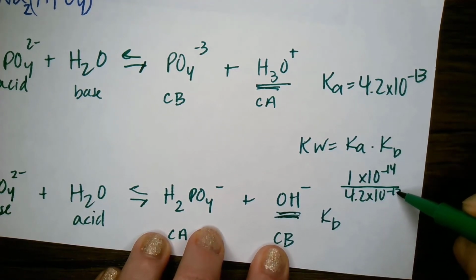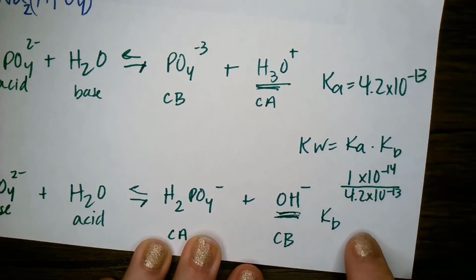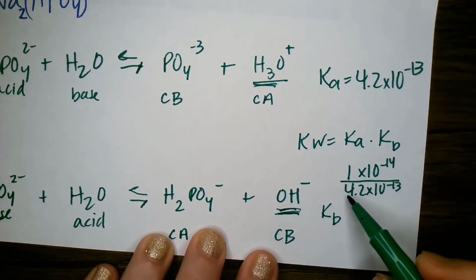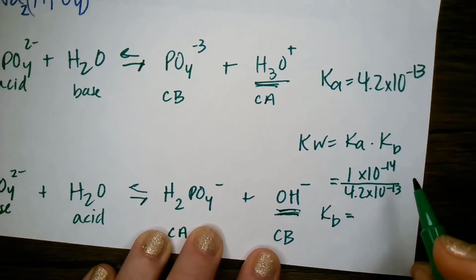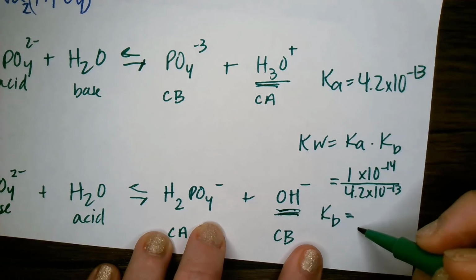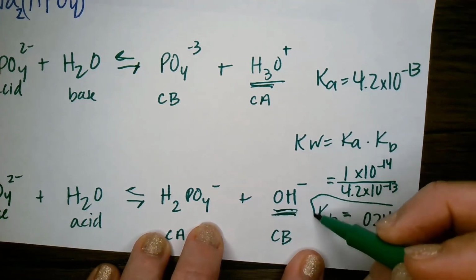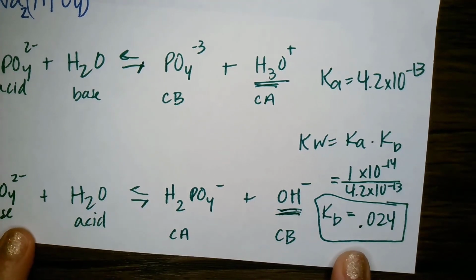We know our Ka value is 4.2 times 10 to the negative 13th. So our Kb value, if we plug this into our calculator, 1 times 10 to the negative 14th divided by 4.2 times 10 to the negative 13th, we get a Kb value of 0.024.